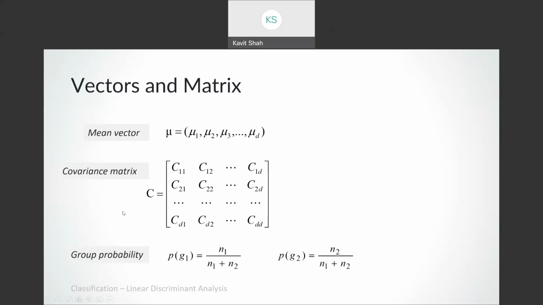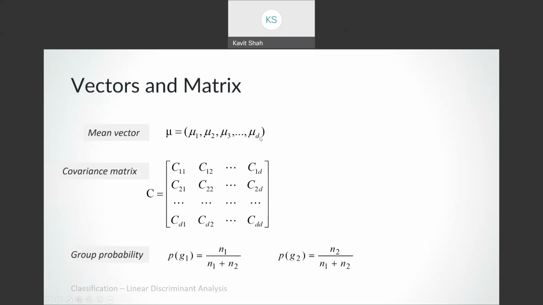So now, what are the main things that we need to compute beforehand in order to estimate the coefficients? Mean vector, which is basically mu. Mu would be given as the average of all the data points within that particular class. The mu1 is for class 1, mu2 is for class 2, and so on. Sorry, not the class, for the particular dimension.